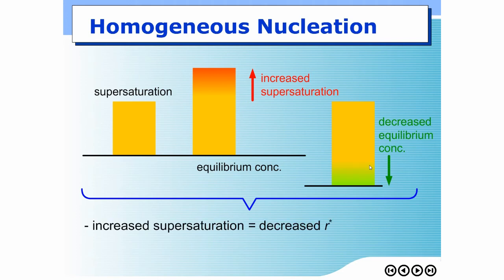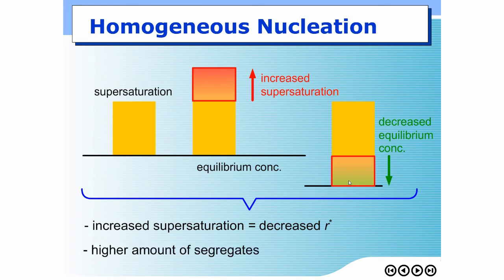All of this should give you a decrease in critical size, and you should see that this extra box, the red box here that I highlight, means that I have much more extra solute that needs to be kicked out from the solution. So not only does supersaturation give you small particles, it also gives you a much larger number of particles.